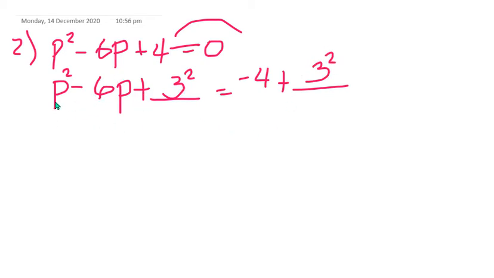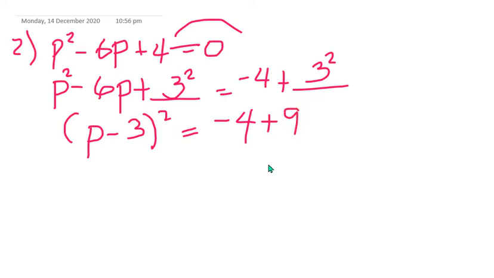So therefore, since this is now a perfect square trinomial, we copy the sign, and what did we add? 1/2 of 6 is equal to 3, and then squared. Here, we're going to simplify -4 plus 9. And then we have (p minus 3) squared is equal to 5.